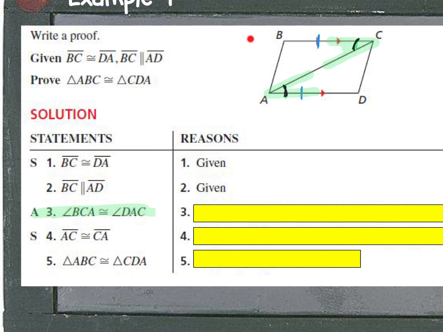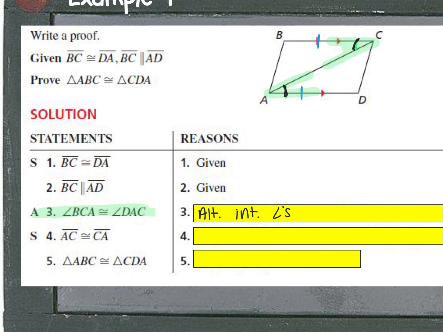So here's my two parallel lines. Are they interiors? They're interior, but what are they? Alternate. Good. So my first one, because I'm specifically talking about that angle, is going to be alternate interior angles theorem. But you could just write alternate interior angles. That's fine. So I'm labeling as I'm going on.